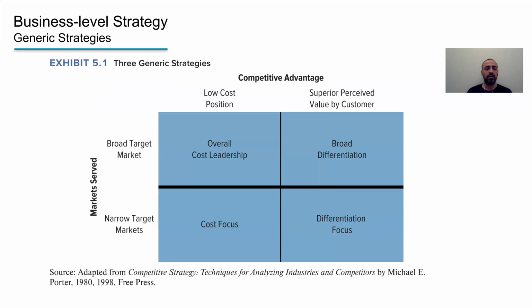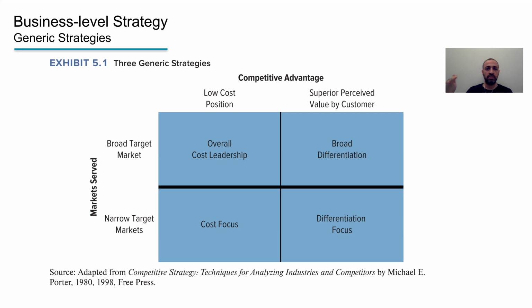Here in this table, there are two main sides for determining which strategy should be chosen. One is the size of market share, and the second is the competitive advantage. For the broad markets, in general, we have overall cost leadership and broad differentiation. For overall cost leadership, like Walmart, the competitive advantage is your low cost, but your target market is so big.